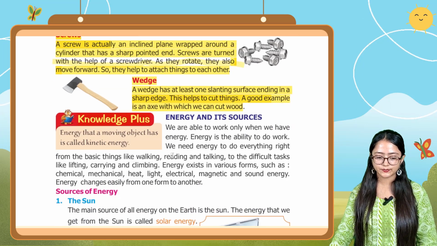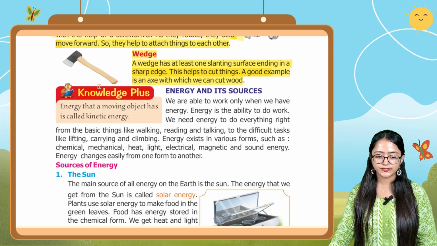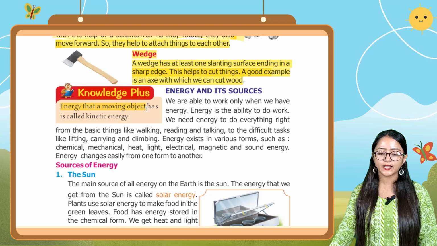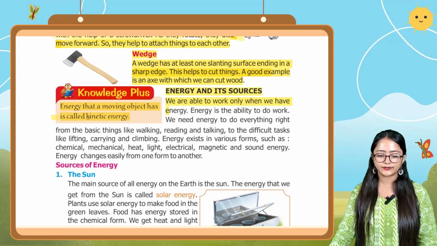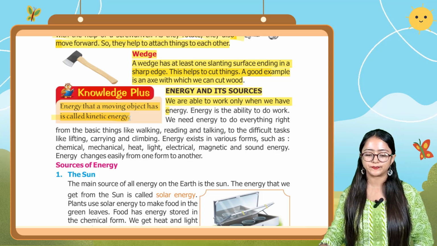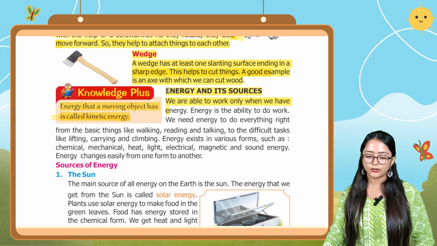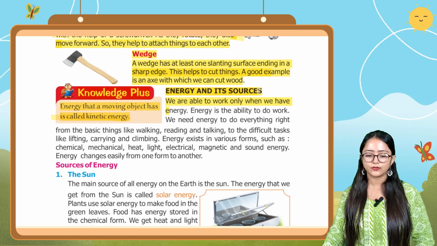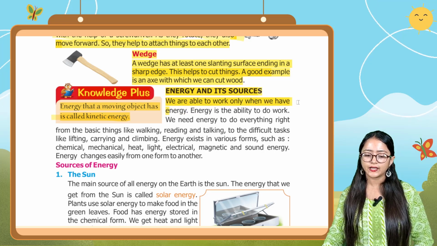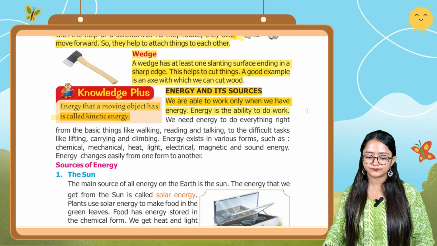Now we come to the next point, that is Knowledge Plus. The energy that a moving object has is called kinetic energy. It is telling about energy and its sources. We are able to work only when we have energy. Energy is the ability to do work.